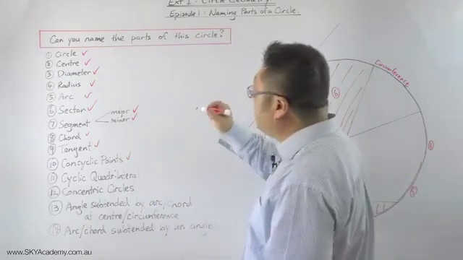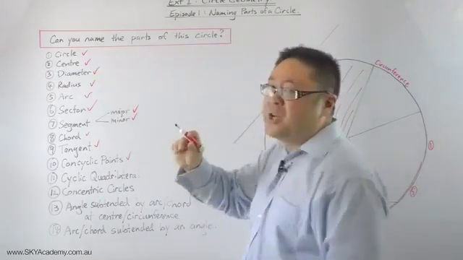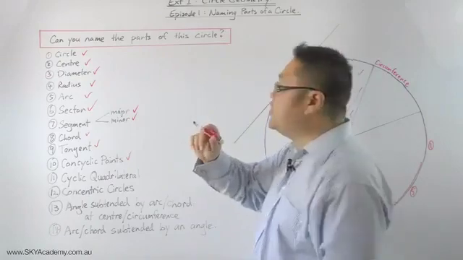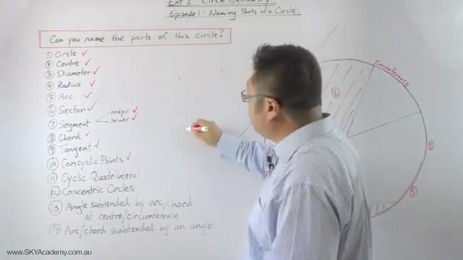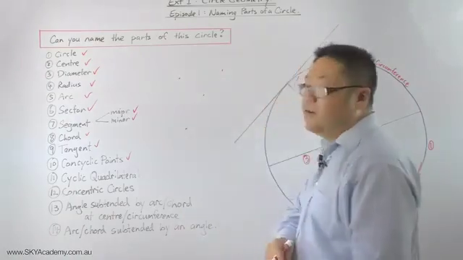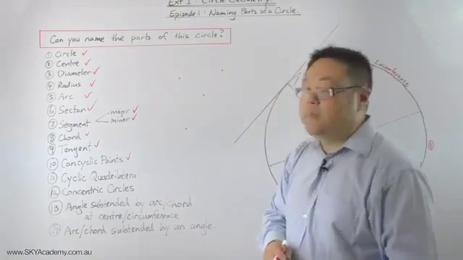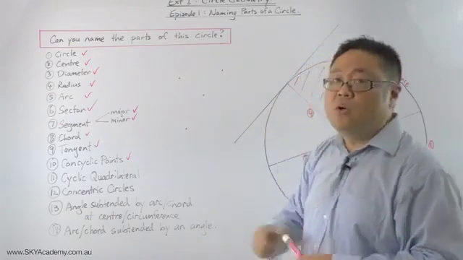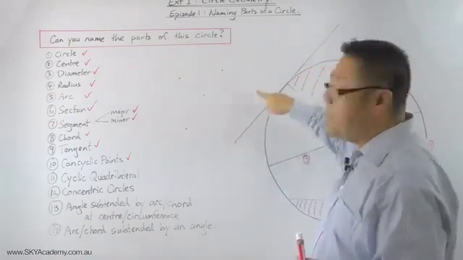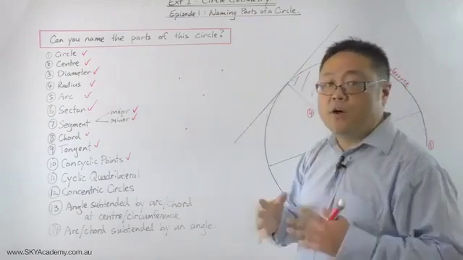So concyclic points, now you can put a whole bunch of points on a page any which way you want, right? So you can have a point there, you can have a point there, you can have a point there, you can have a point there, right? What makes concyclic points concyclic is that you are able to draw a circle that passes through those points.